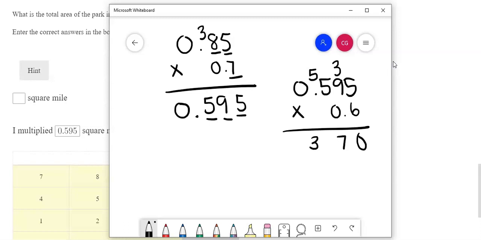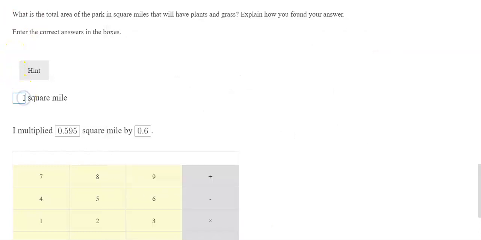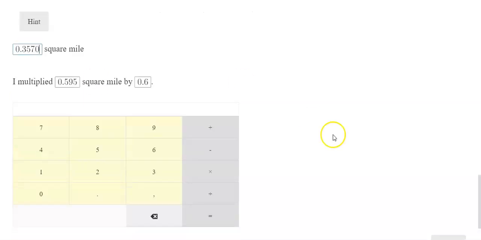Then 35. 1, 2, 3, 4 decimal places. So our decimal is there. So we get 0.3570.